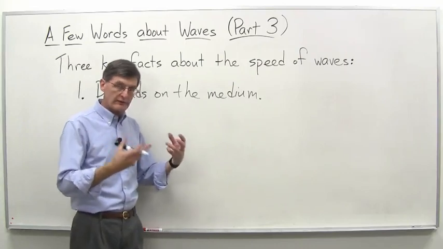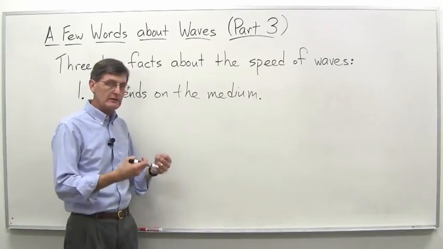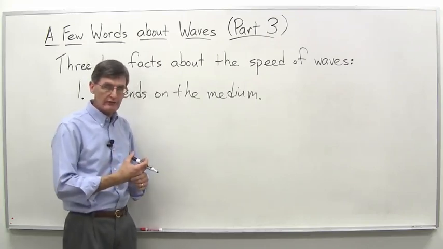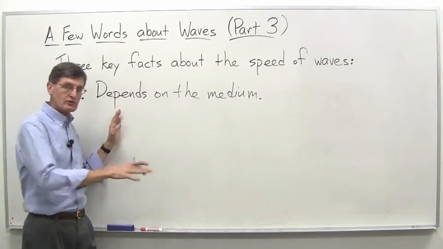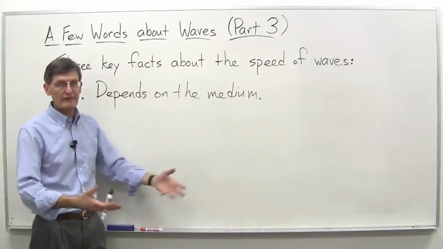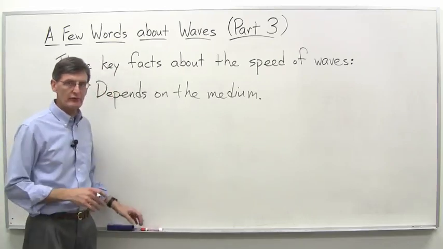If we replace the water with another liquid that has different properties, maybe different viscosity or density, the speed of the waves we can generate is going to be different compared to the water. If you have molasses in there, you can't really generate waves at all, or they'll die out almost immediately.